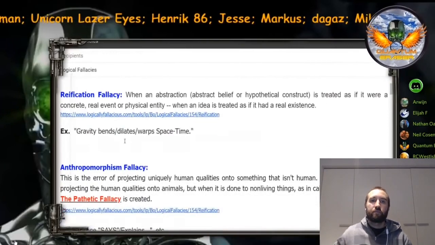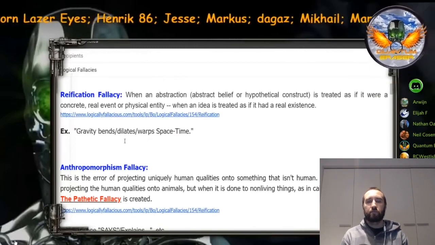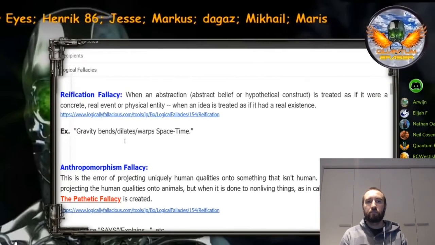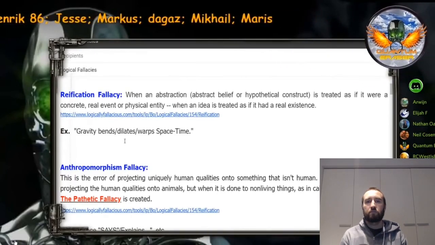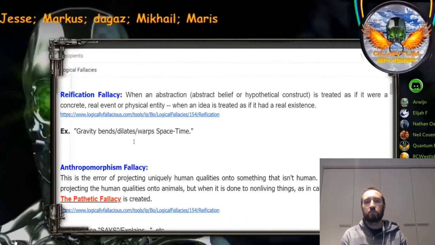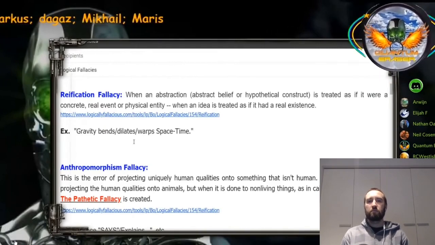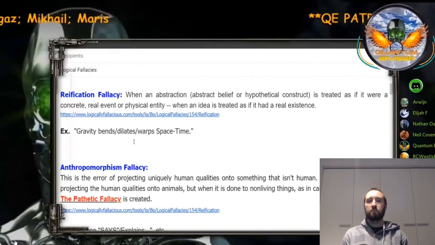Period. Number 2, reification fallacy. This is a popular fallacy nowadays because it shows up everywhere. Mike, discipline, please. Sorry. Thank you. So, reification fallacy, when an abstraction, that is an abstract belief or hypothetical construct, is treated as if it were a concrete, real event or physical entity.